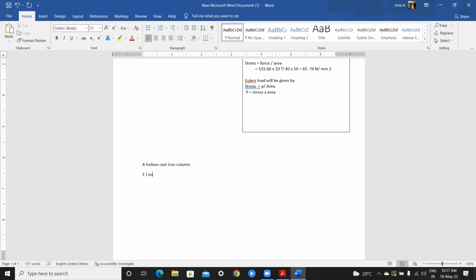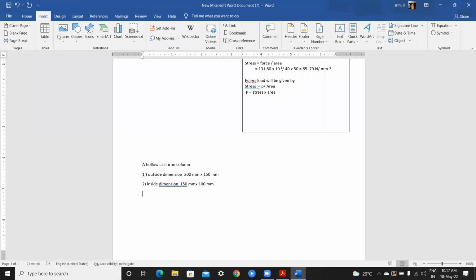Outside dimension, 200 mm into 150 mm. Next, second, inside dimension, 150 mm into 100 mm. Okay, I will draw that section here.